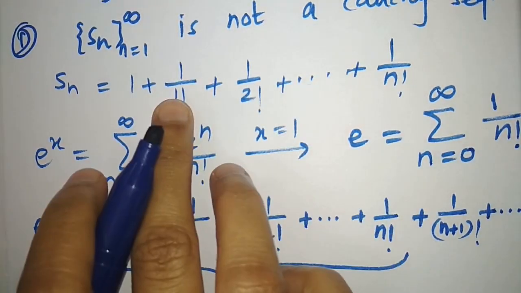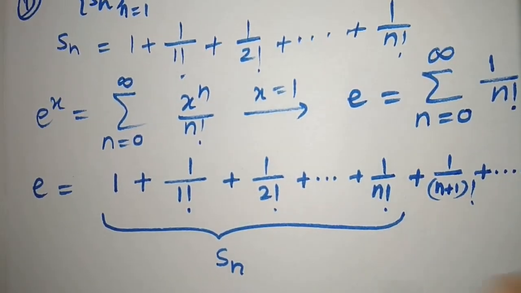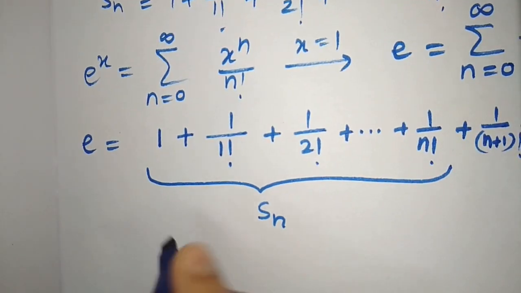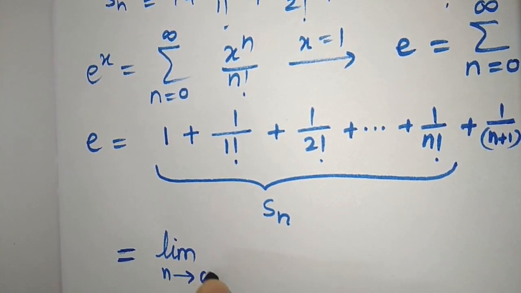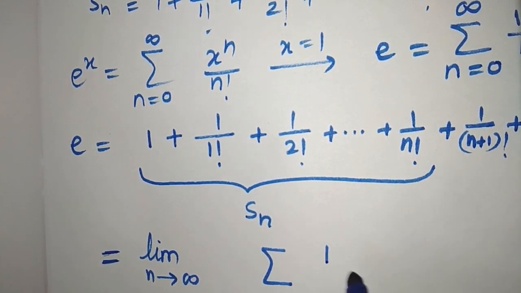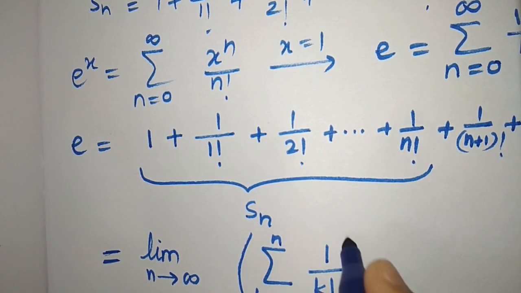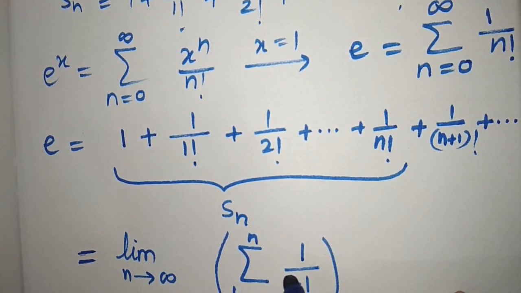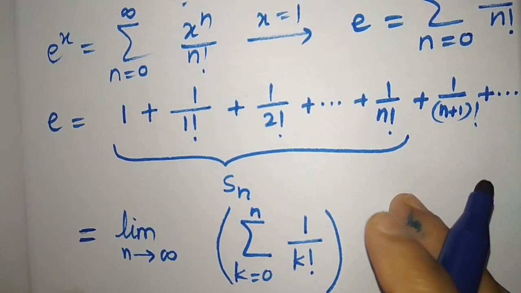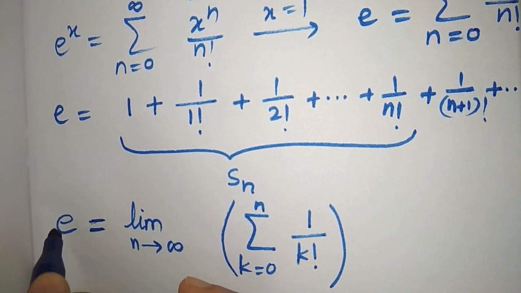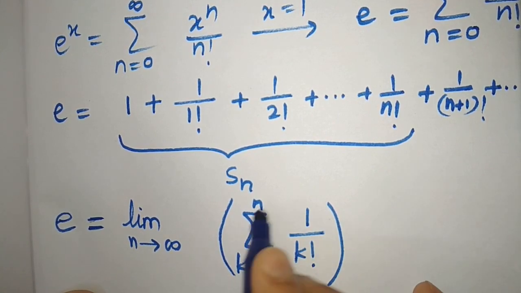So you can write e as the limit as n tends to infinity of the summation of 1 by k factorial, k runs from 0 to n.